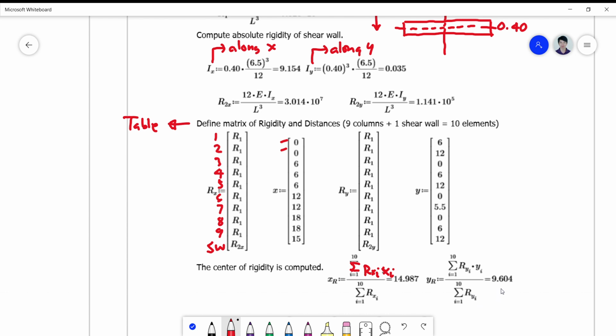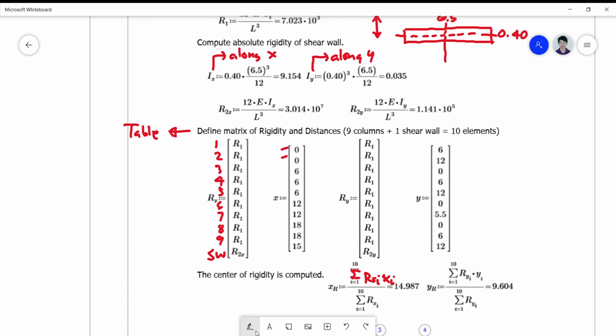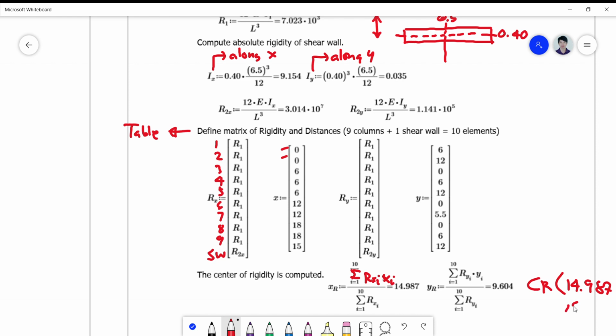You get 9.604, and this now defines your center of rigidity CR, which is equivalent to 14.987 and 9.604.